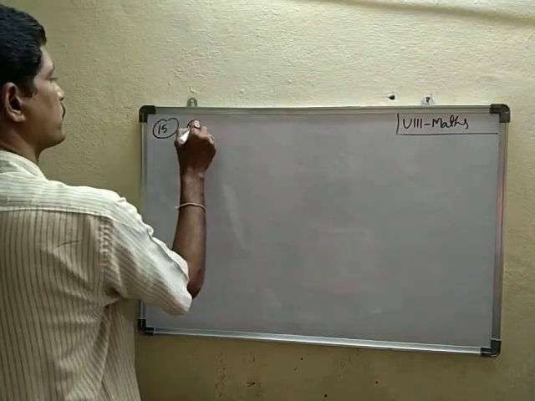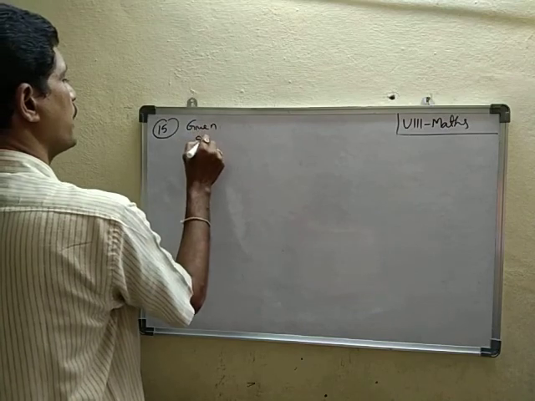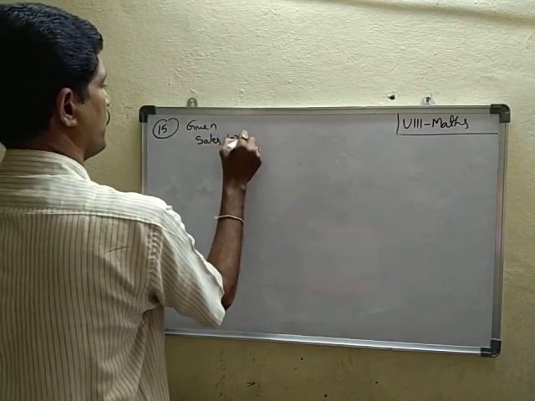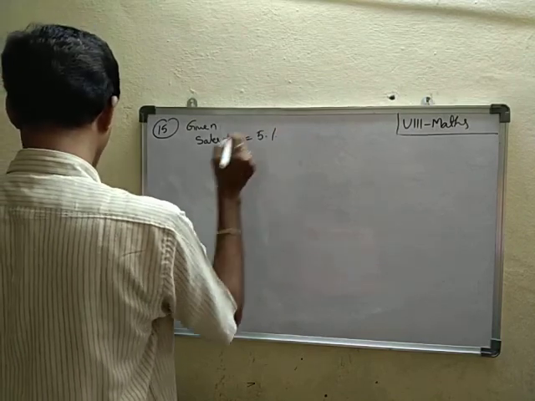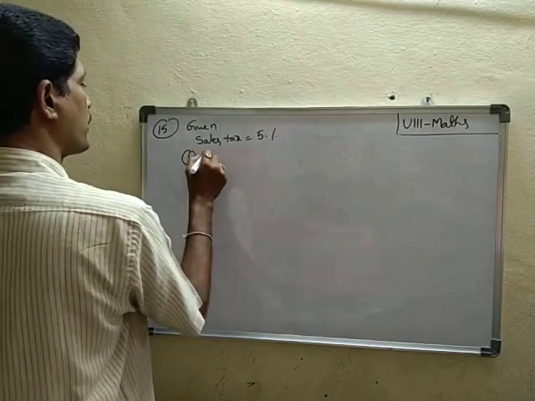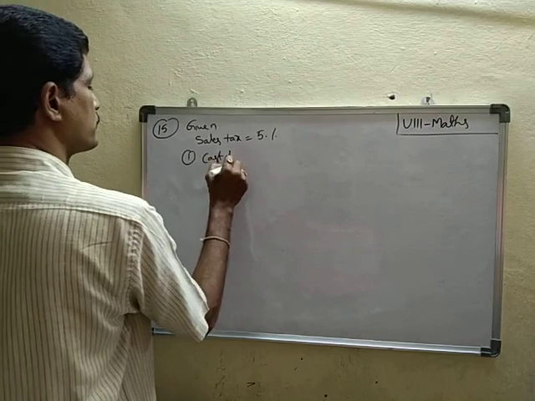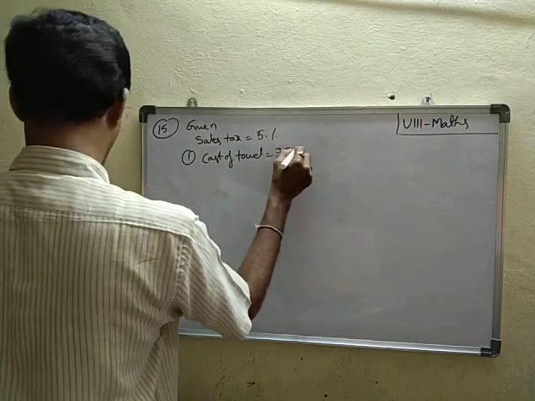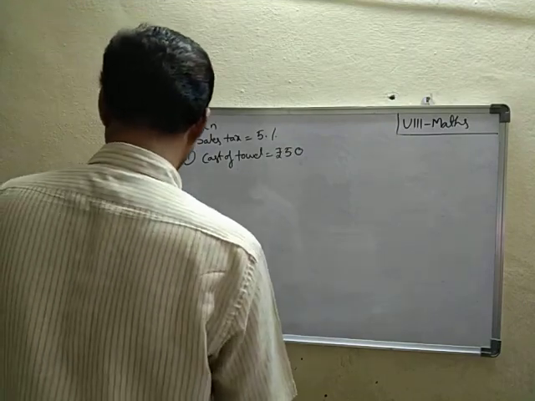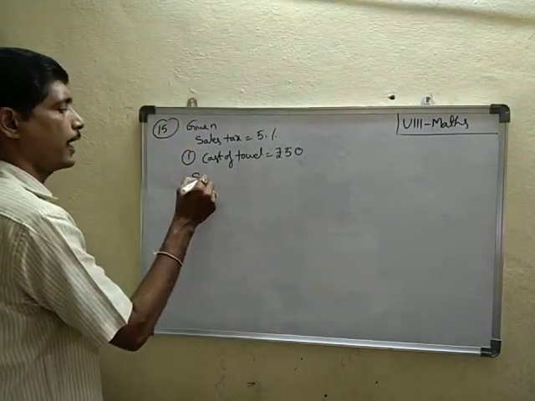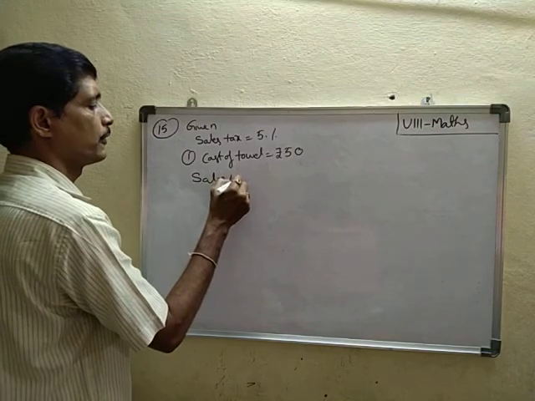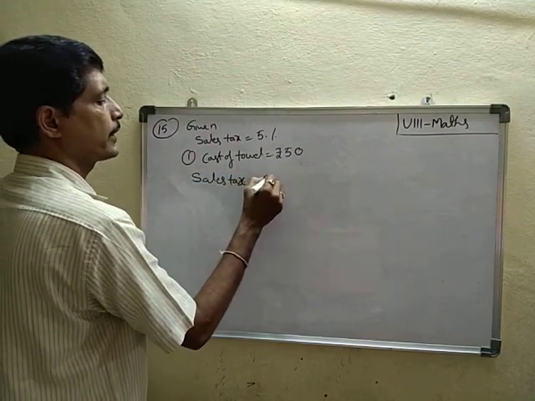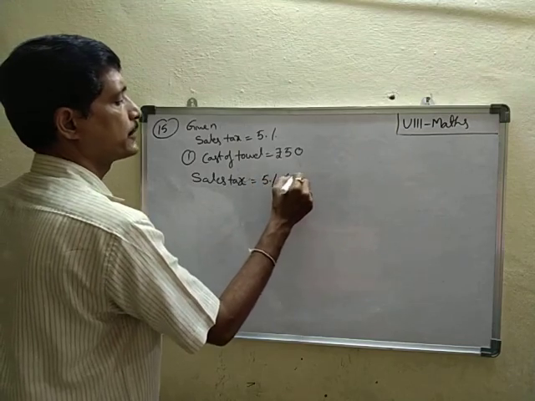Here given sales tax that is equal to 5% is given. Therefore first one is the towel, cost of towel, that is equal to 50 rupees is given. Okay, therefore sales tax, total sales tax equal to 5% of 50 rupees.